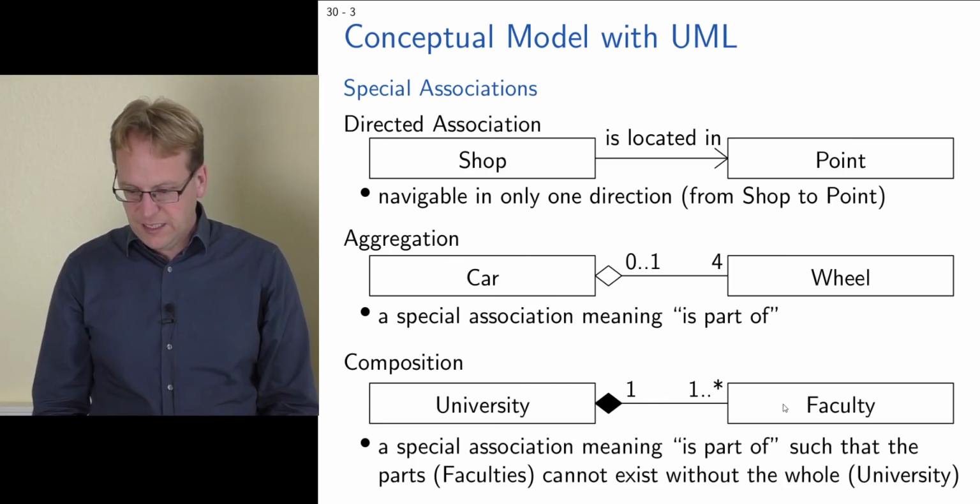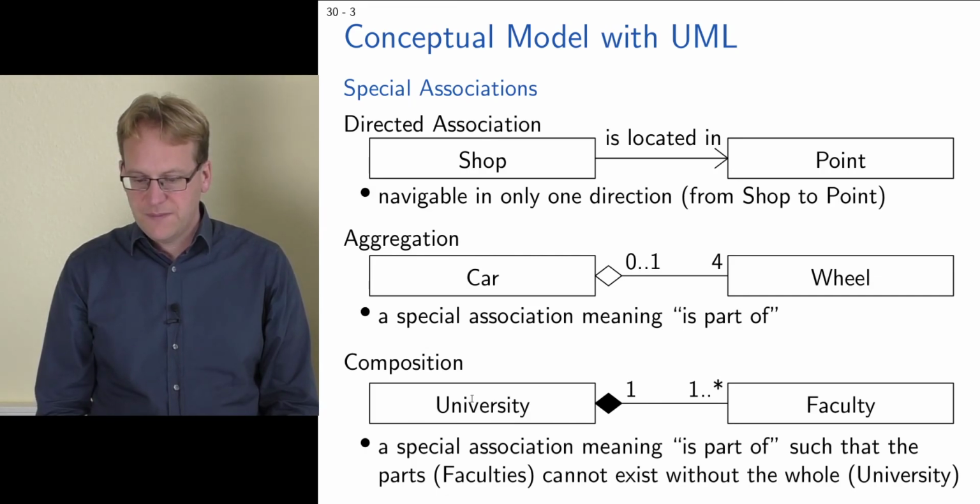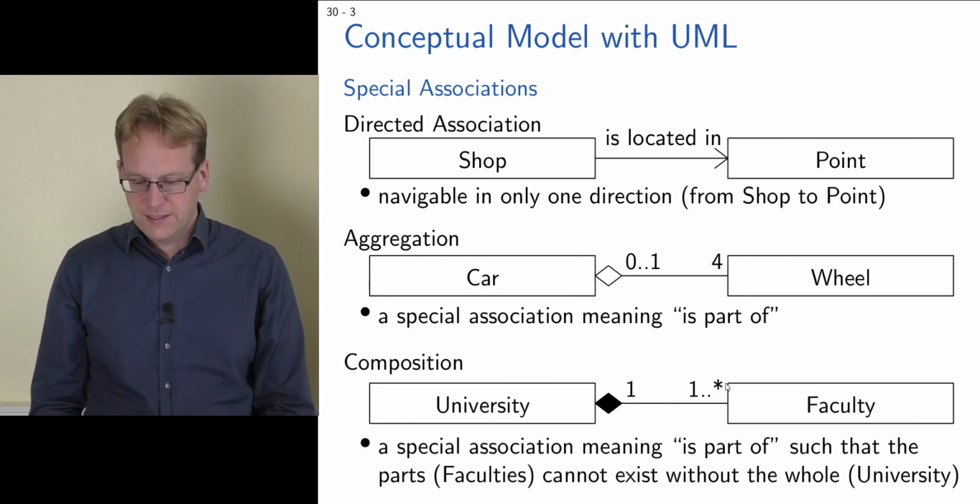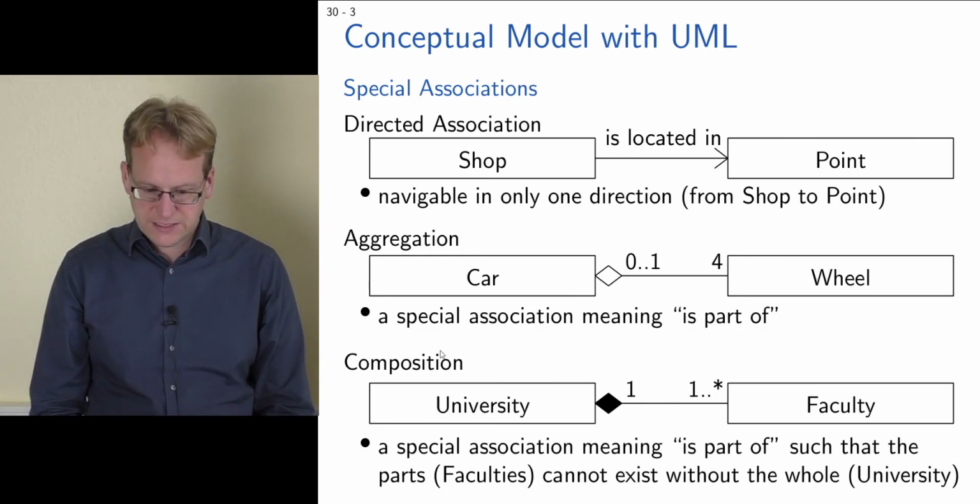You can see also that every faculty is part of exactly one university, and each university consists of between 1 and arbitrarily many faculties. So what is the difference between the aggregation and composition?